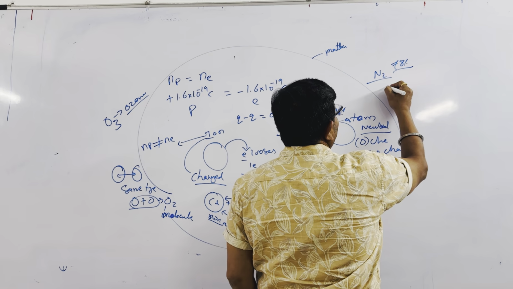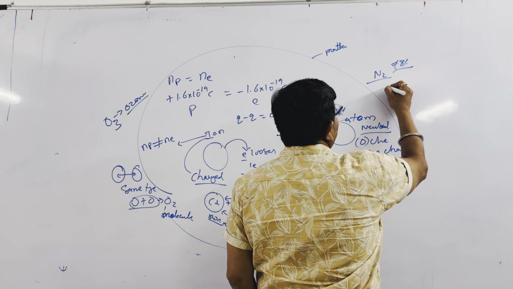And this whole system is called matter. Matter consists of positive ions, negative ions, molecules, or atoms. Molecules are what?